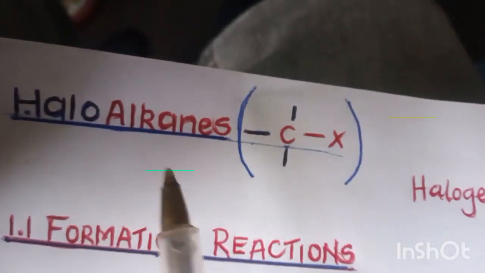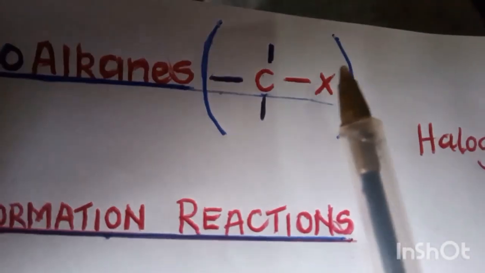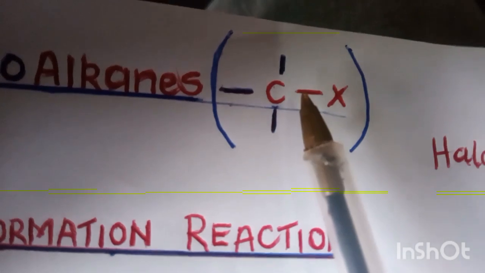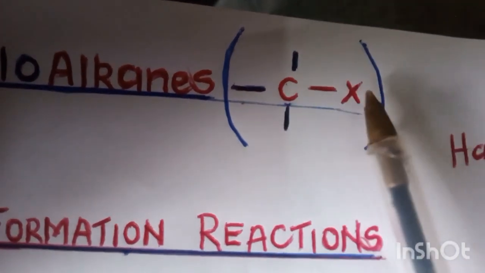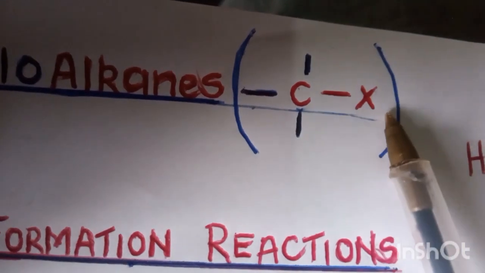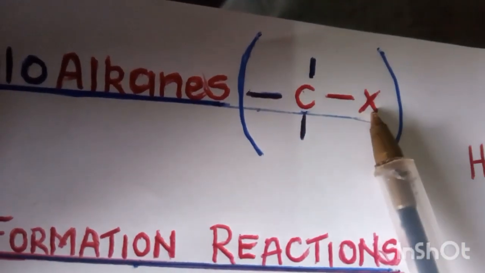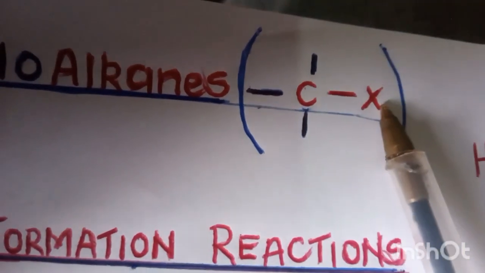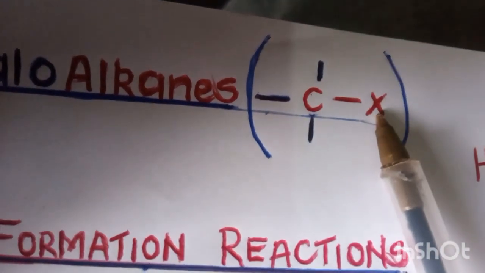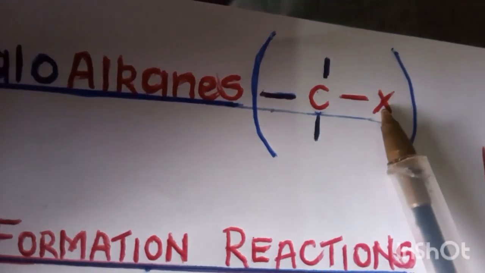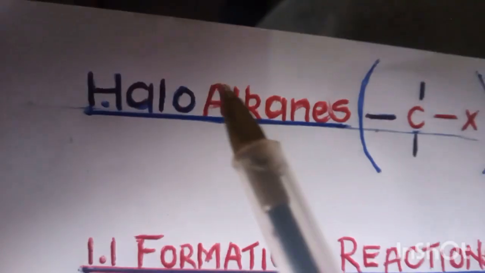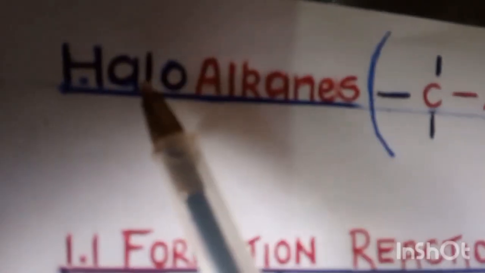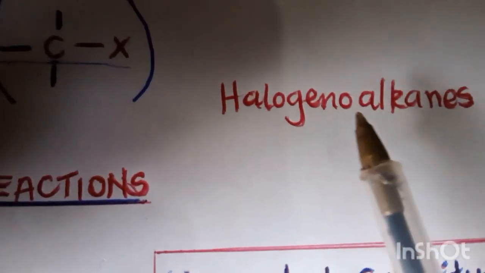In other words, these compounds are identified by the presence of a carbon halogen bond in their molecules. And this carbon to halogen bond is the functional group of this group of organic compounds known as haloalkanes, or halogenoalkanes.